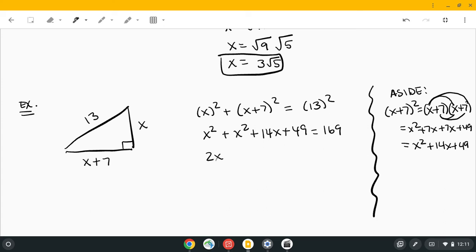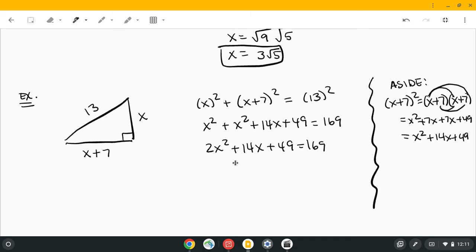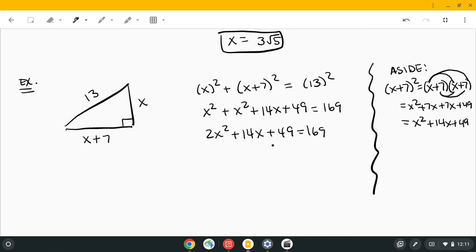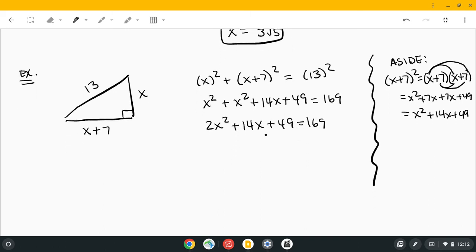All right, so we need to solve for x. Let me combine these 2 x squares, and then I have this here. Now I have a quadratic. When you have a quadratic trinomial, you want to set it equal to 0. So I'm going to subtract 169.